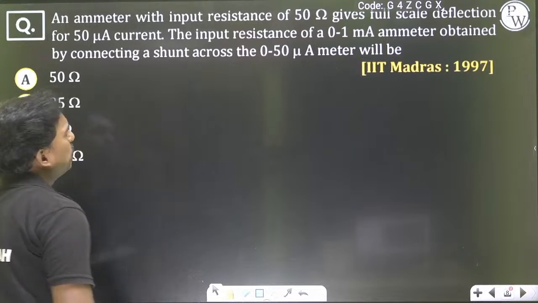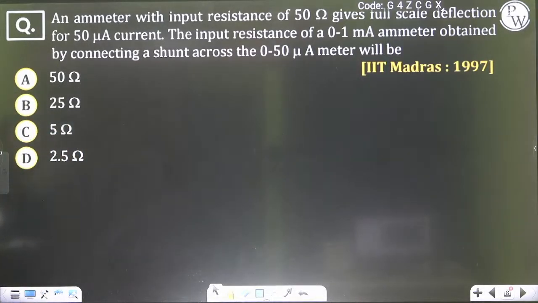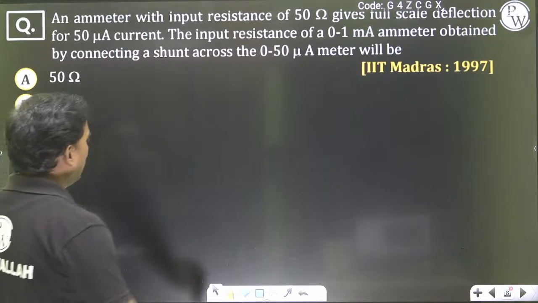An ammeter with input resistance of 50 ohms gives full scale deflection for 50 microamperes current. So the input resistance is asking the shunt resistance. So let me draw the diagram first.